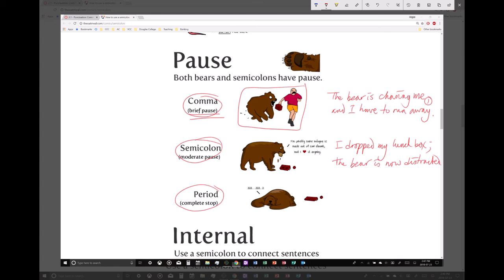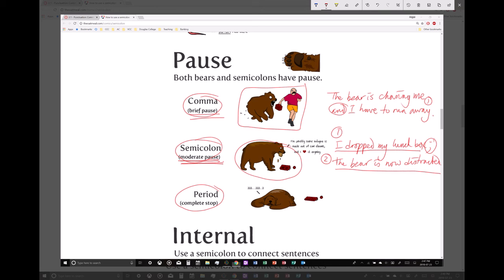So here, the semicolon serves as a medium-sized pause, and a good type of sentence to use is where the two independent clauses are related but not so closely related that you can use a comma and conjunction to specify a relationship. Here you see the bear is distracted because, well, the lunchbox is dropped and he's eating the food inside. But here the semicolon rule is used to give a moderate pause between two clauses. I dropped my lunchbox; the bear is distracted.